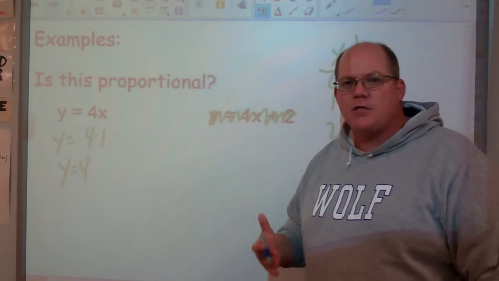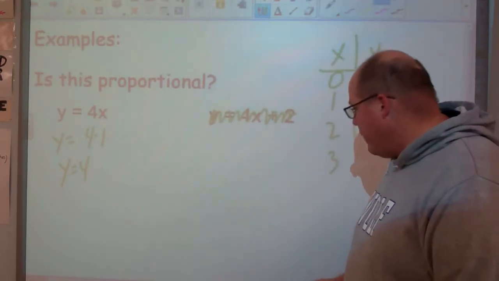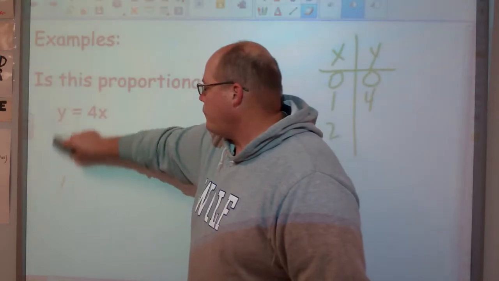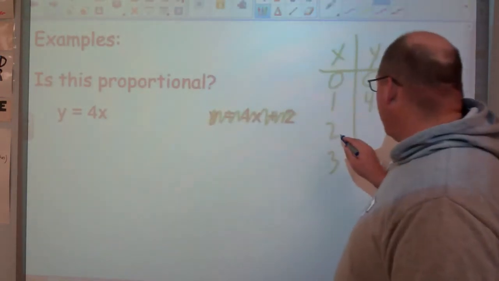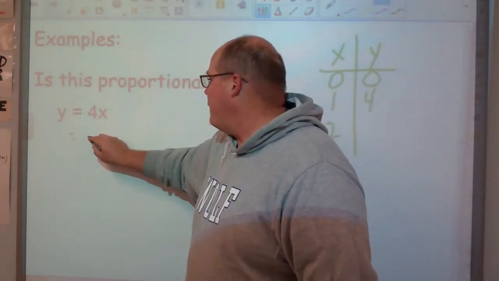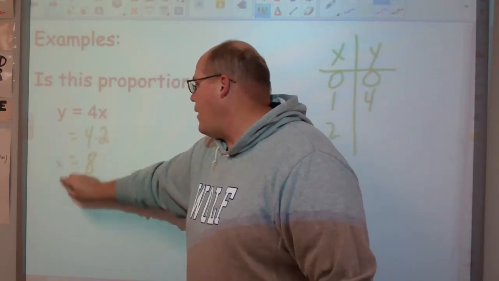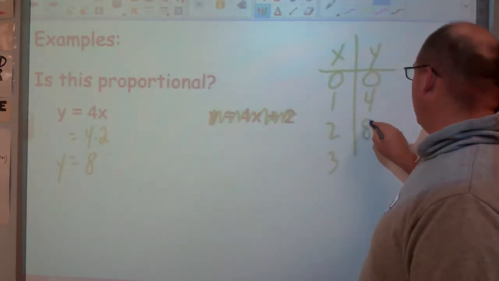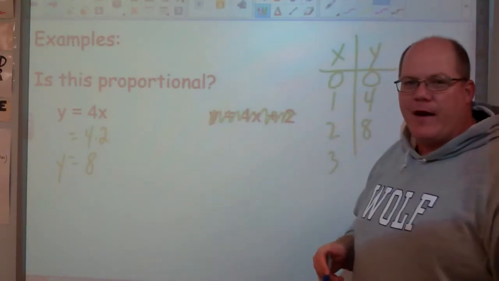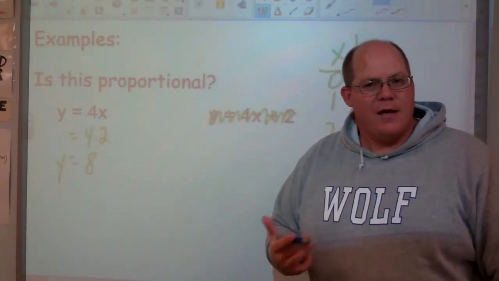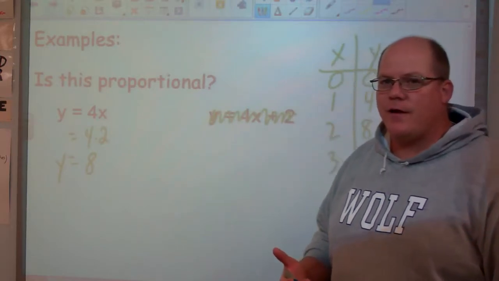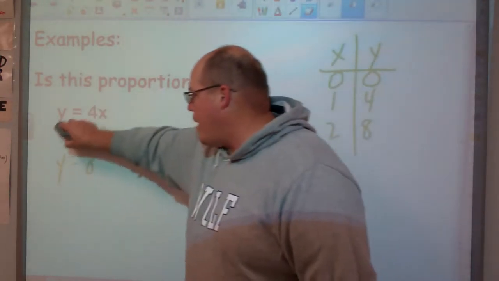It constantly changes by 4 no matter what we put in for X. Try 2. 4 times 2 is 8, Y equals 8. 8 over 2 simplified is 4, so that rate of change is constant. We're seeing a constant rate of change. Let's try one more. We'll try 3.